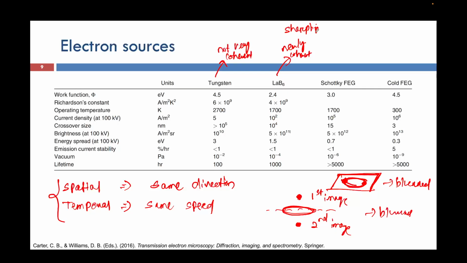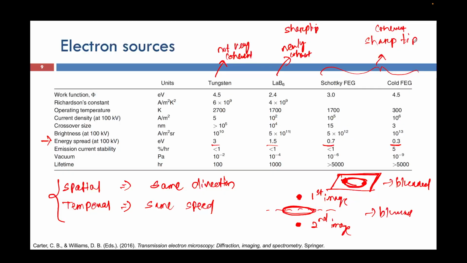And this FEG which we are talking about is coherent. In this coherency, you can see the energy spread. If you see this row, energy spread, here you can see 0.3 electron volt energy spread. However, here it is 3 electron volt, 1.5 electron volt. So this FEG which I am talking about is coherent, and it also has a very sharp tip.